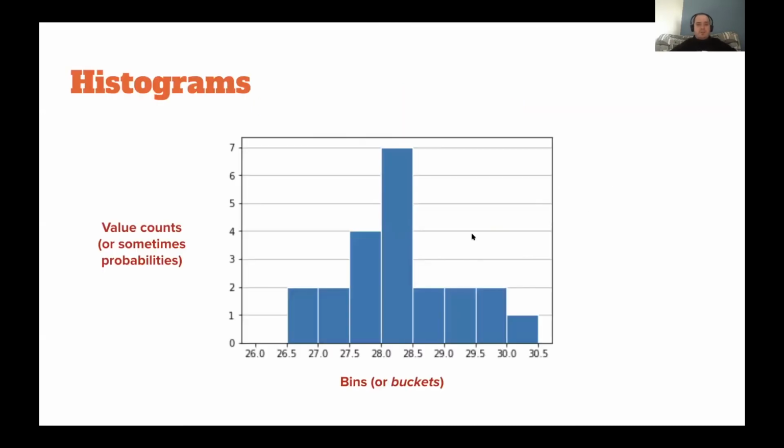Well, for example, if you change the bucket size here, instead of going from 26.5 to 27, I went, for example, from 26.5 to 26.6, and then from 26.7, 26.8, and so on, then the buckets will be thinner, and there will be fewer values in each of the buckets, and that would change the visualization, right?